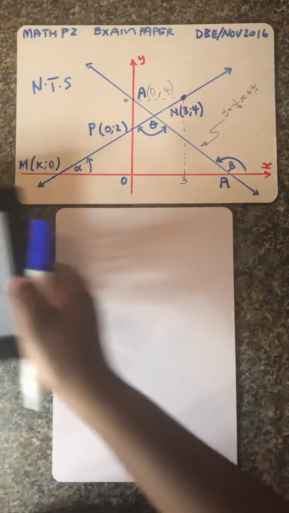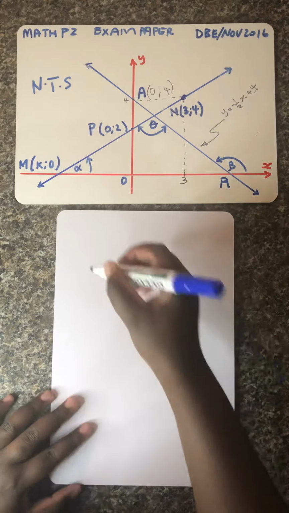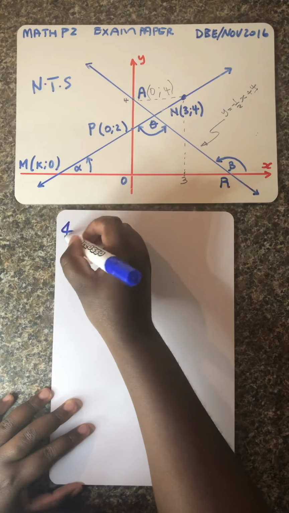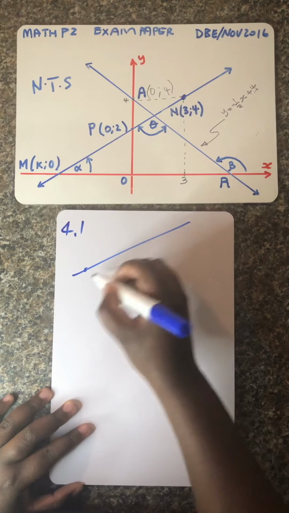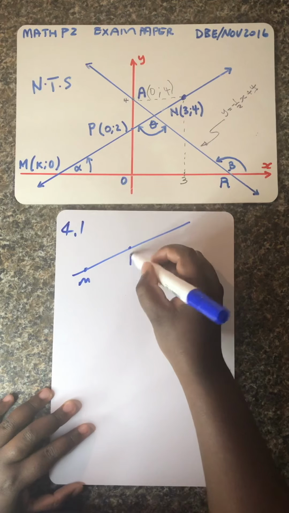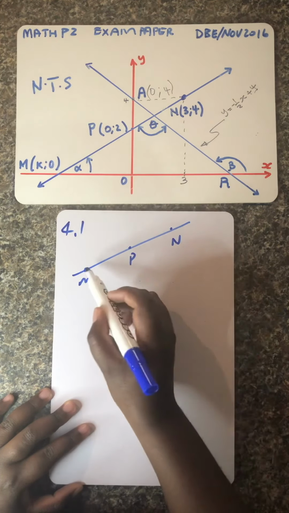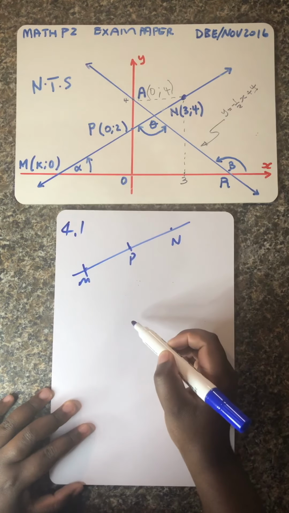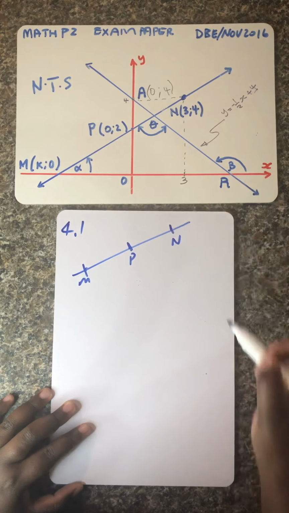Okay, so I hope you've noted down the question. So guys, for collinear points, if we've got, let me just say 4.1, a line, let's say this is M, this is P, and this is N. That means the gradient of MP is equal to the gradient of PN.